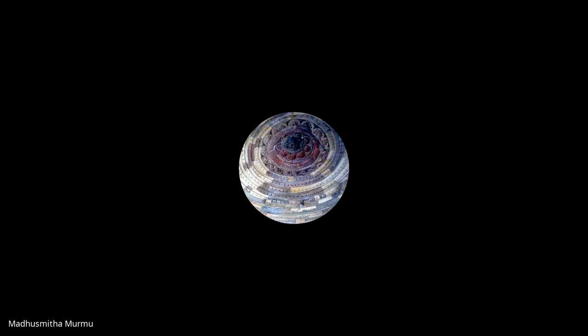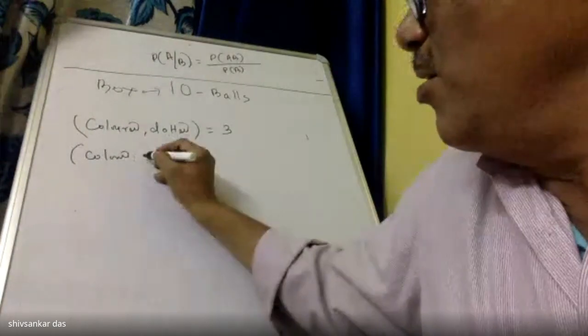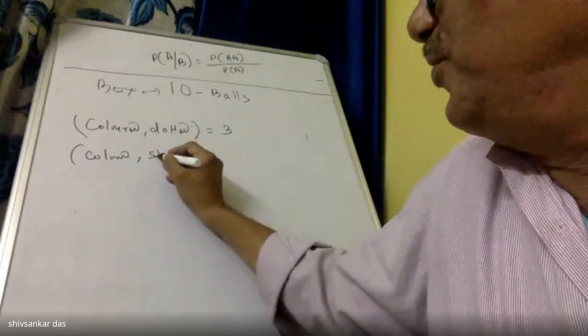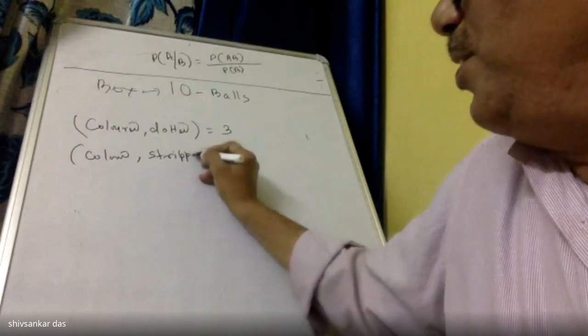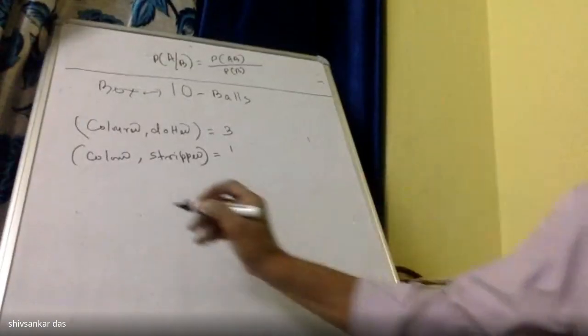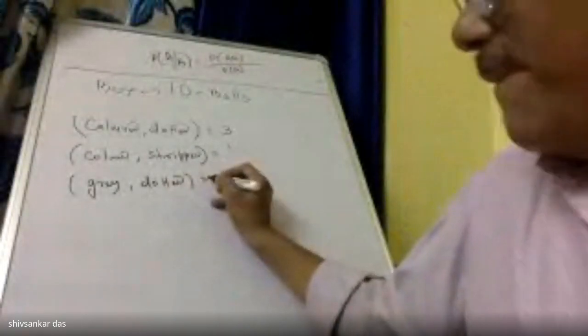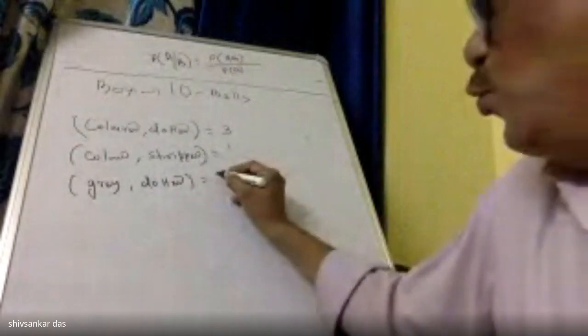Then colored and striped. Colored and striped was 1. Then gray. Gray dotted was 2.